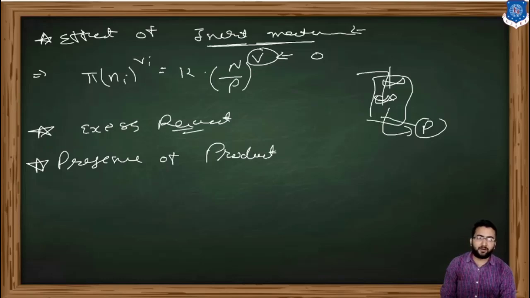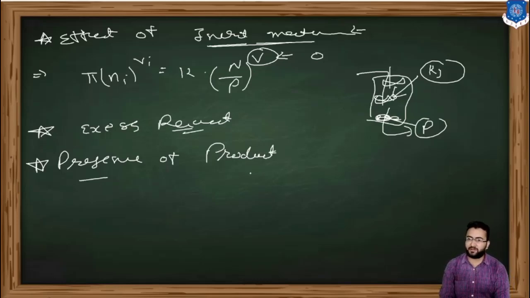But if we do not remove the product and excess product is present in the reaction, then it will decrease the equilibrium conversion. So the presence of product decreases the equilibrium conversion. This is how the various factors affect the equilibrium conversion for a homogeneous gas phase reaction.